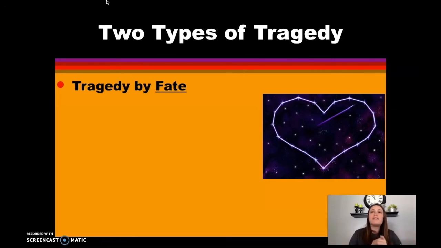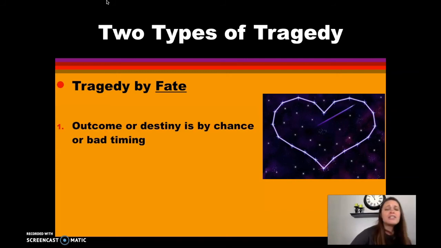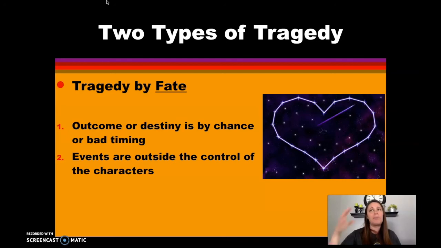And so to say that these two lovers were star-crossed meant that the position of the stars for them was not in a good position, which meant that they were doomed from the start. So that would mean that the outcome or destiny is by chance or bad timing. It was not necessarily their fault, although it is, but we'll get to that later.